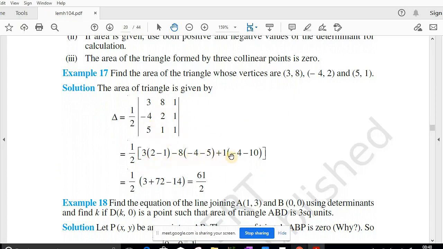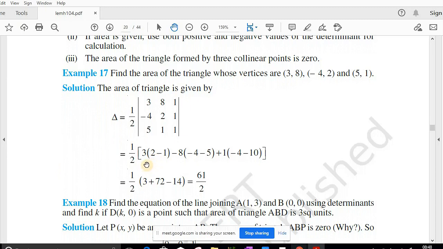Now you see, can anyone tell me along which row or which column this determinant is being expanded? Column 3?